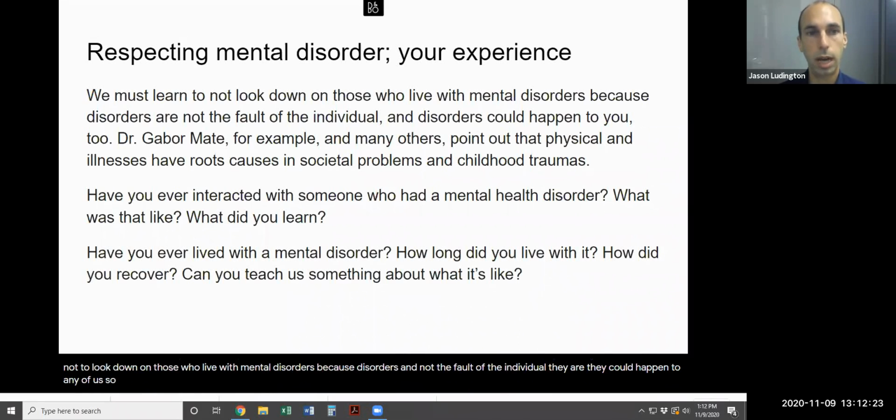So Dr. Gabor Mate and others have pointed to the fact that physical and mental illnesses have their roots in societal problems or social causes.